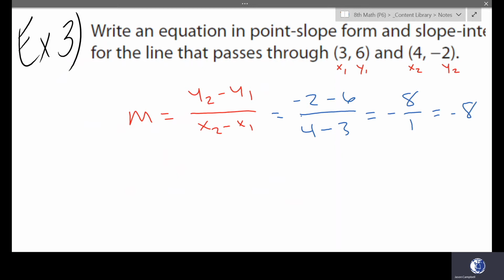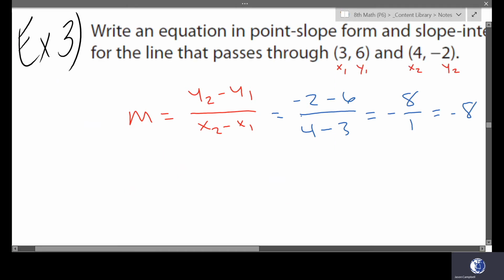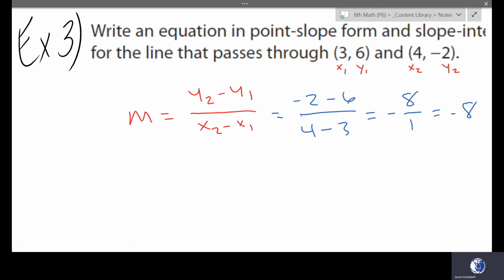Next, I'm going to plug in my slope and my x1, y1 into my point-slope formula, which is y minus y1 is equal to m multiplied by x subtract x1.